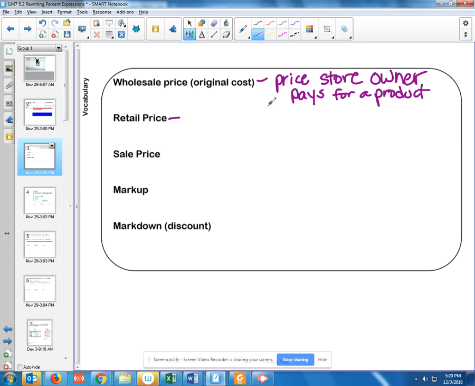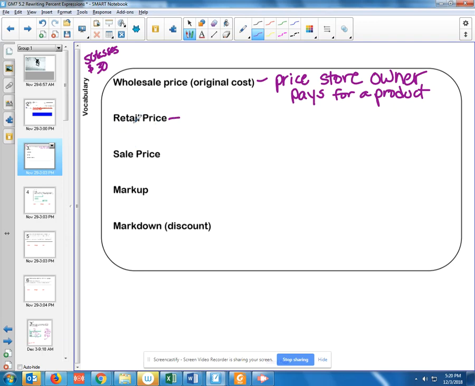So let's say I buy some sunglasses over here and I pay $30 for these sunglasses. Now, I am not going to sell them in my store for $30. Heavens, I've got to make some kind of money off the deal. I've got to pay my people. I've got electricity.